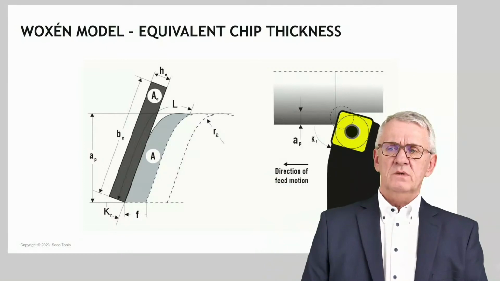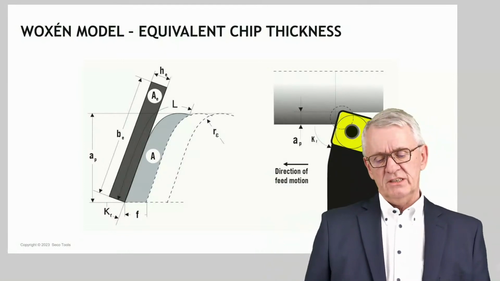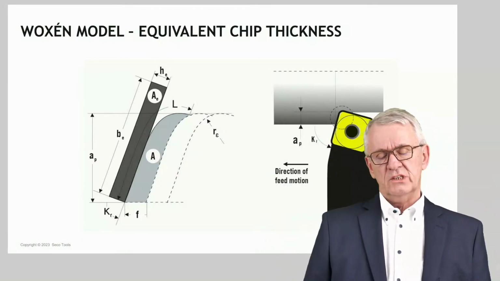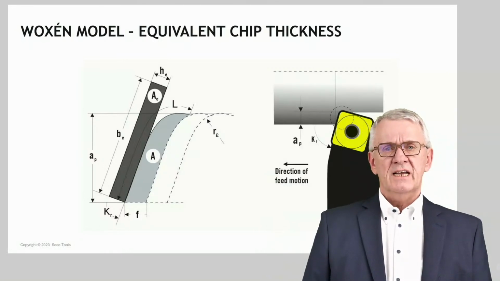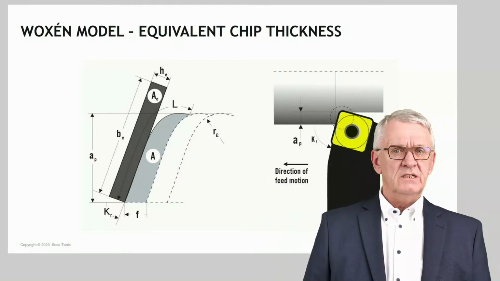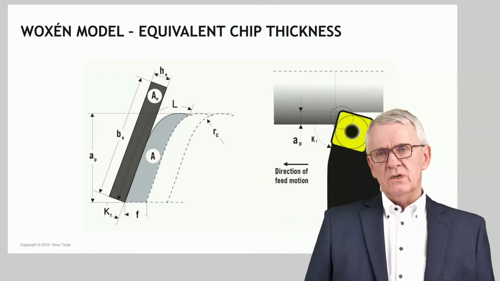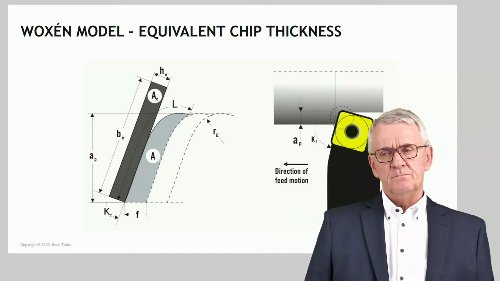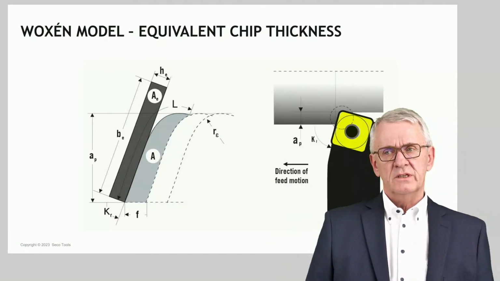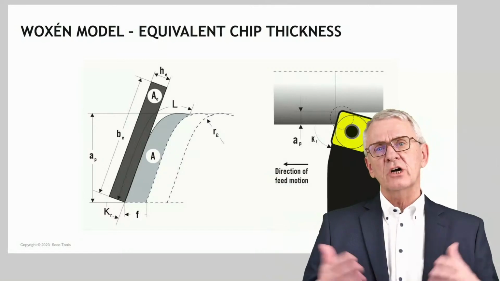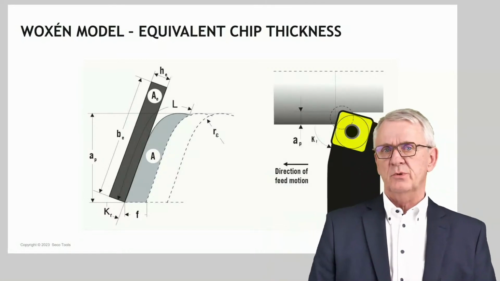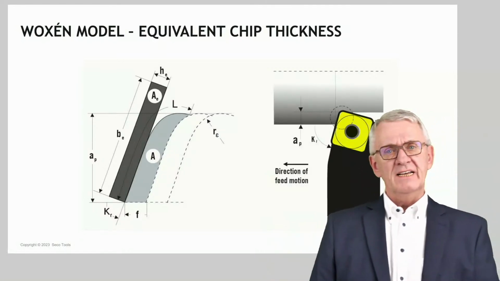And at the same time, Woxén was thinking about how he could somehow compensate, and he did exactly the same thinking as what we did in milling. He said, you know what, I'm going to replace the real chip, the light gray chip here, by a theoretical chip, the dark gray chip here, again with the same length.